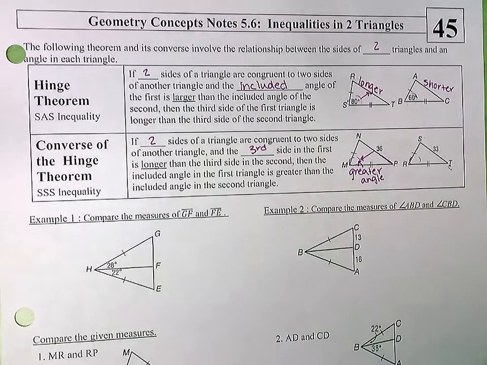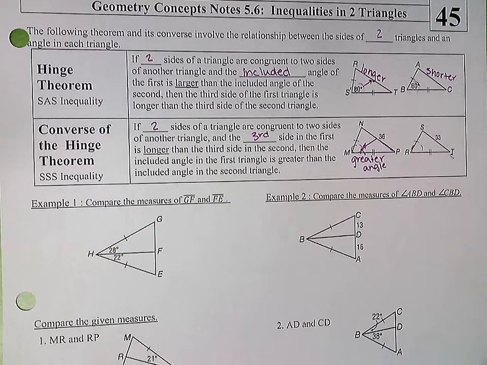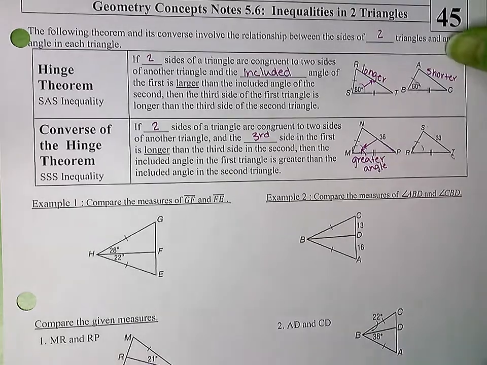Okay, so that angle right there is your greater angle. This angle would be smaller than that one, since that side is greater than the other. So we're going to use this theorem and its converse to compare sides and angles in our triangles.